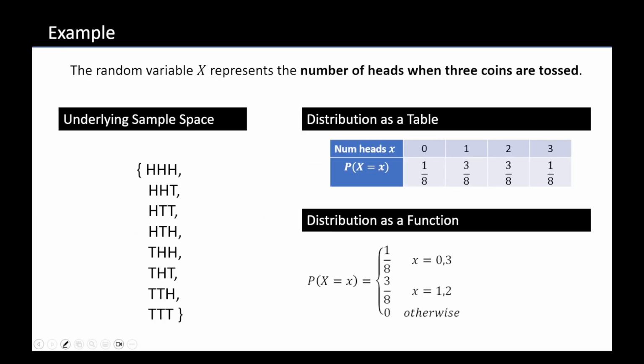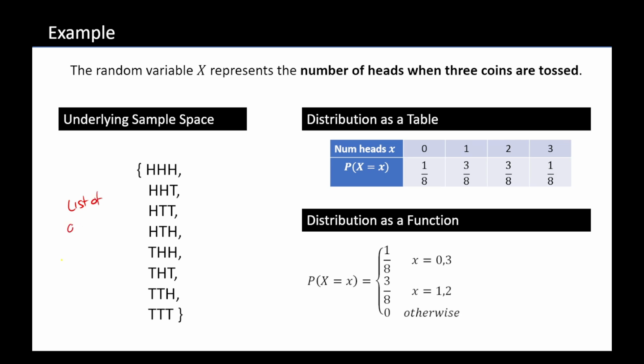So now let's have a look at our first example. Here it says the random variable x represents the number of heads when 3 coins are tossed. Now, if I was to write this in a sample space diagram, then it would look something like this. So this is where we are listing all the possible outcomes.